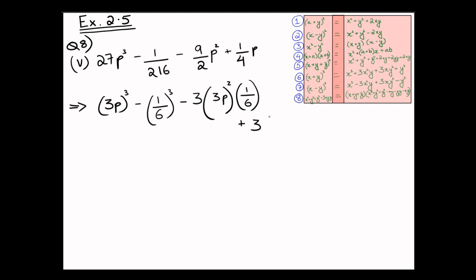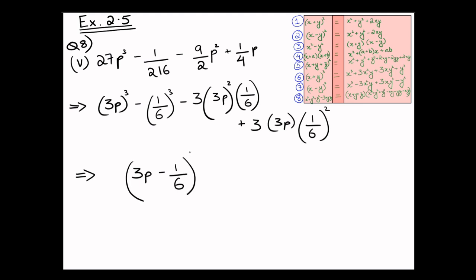Plus 3 into 3p into 1 by 6 square. And this looks like the identity number 7 over here, and hence we can get 3p minus 1 by 6 whole cube.